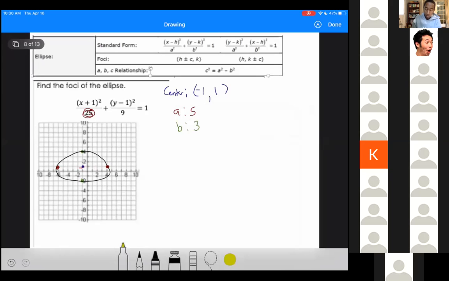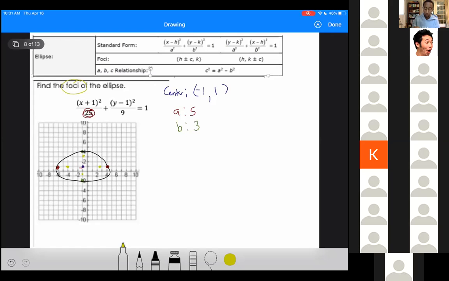Okay. So what we are trying to find is the foci. Now, the first thing to note is whether the foci are going to be, we know the foci are inside of the ellipse, but we need to remember, are the foci going to be right here in between the vertexes, or are the foci going to be right here in between the co-vertexes?